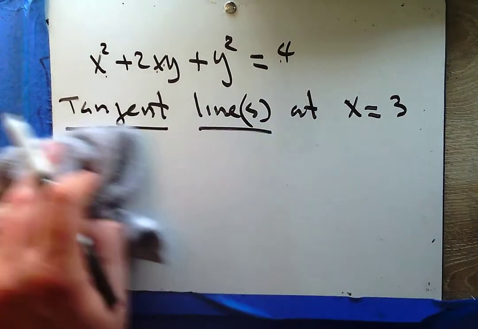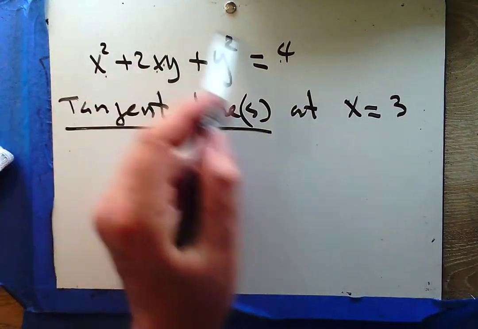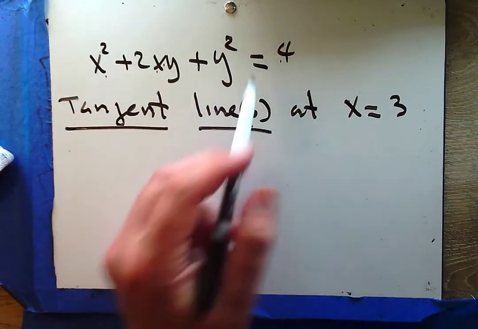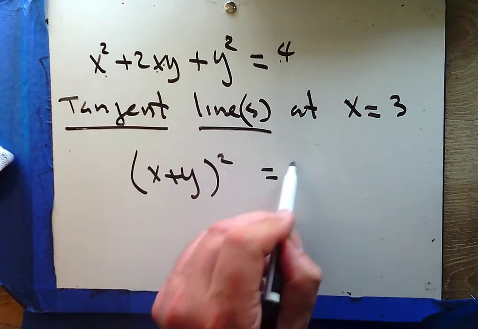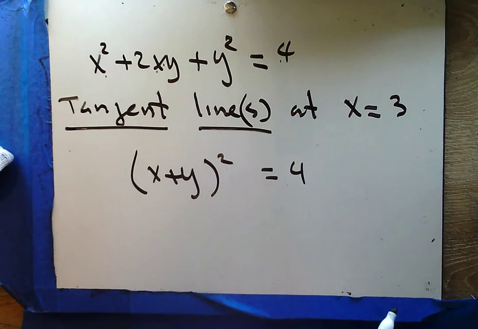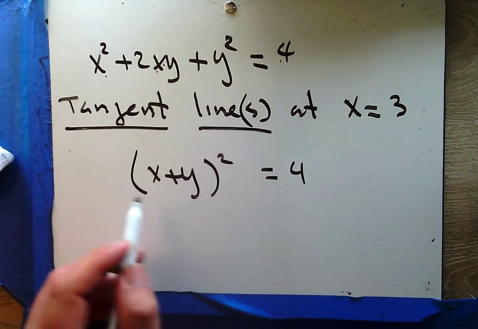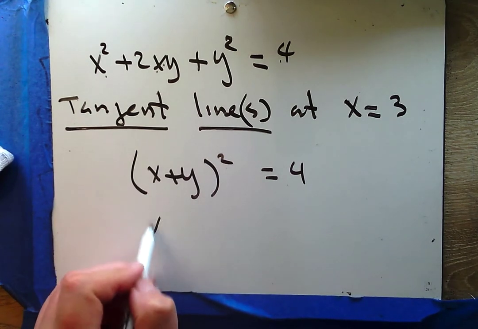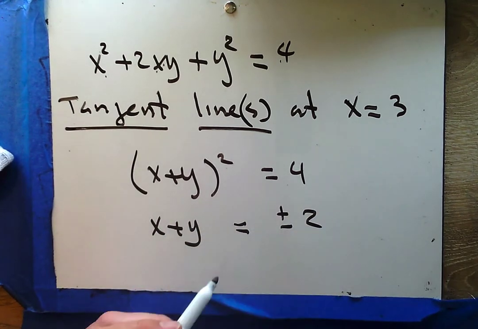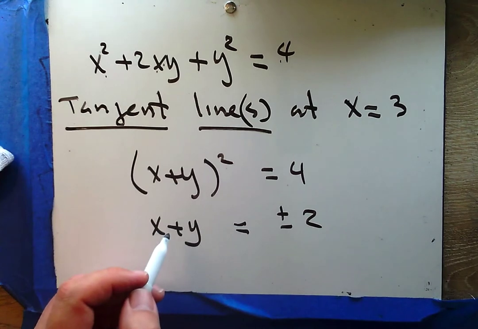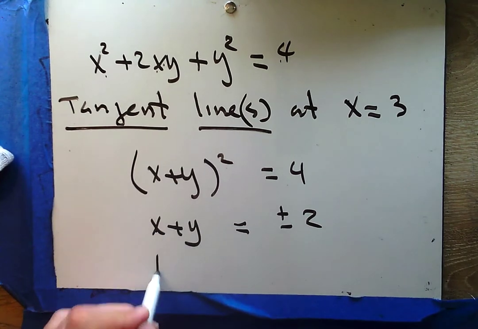I kind of want to understand what's going on here. I think Nathan was thinking this is a perfect square trinomial, and that if we take the square root of both sides, we end up with x plus y equals plus or minus 2. And then I take the derivative implicitly. Derivative of this is 1.